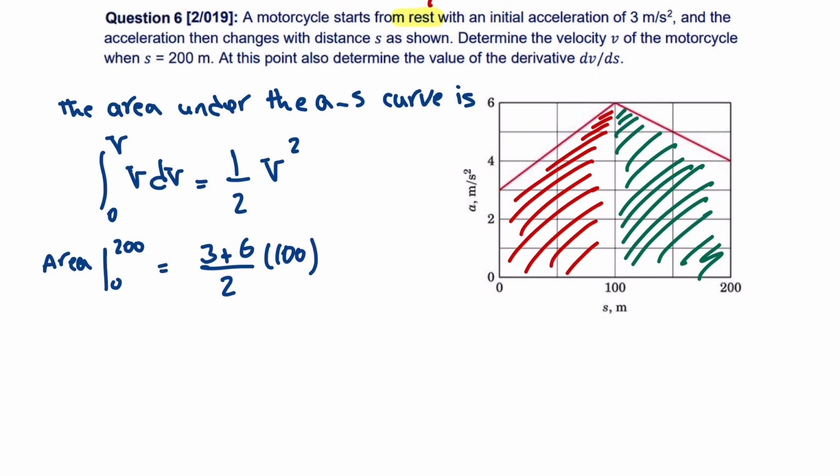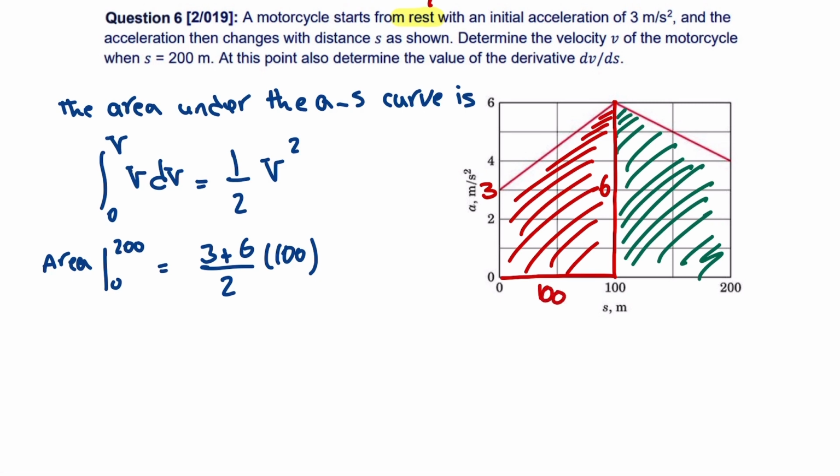So this is for the red area. This one is 3, this side is 6. You add them together, divide them by 2 and multiply by 100.